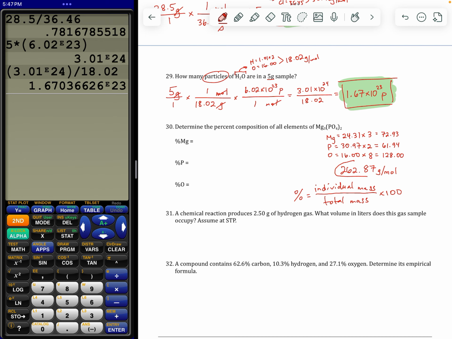So here is our total, and so with that total, what I do is I take all of those individual masses for each element separately that they contribute, and I put them over the total there. So all of these will have the same denominator, right? Because they all are contributing to the same compound. So every total here should be 262.87.